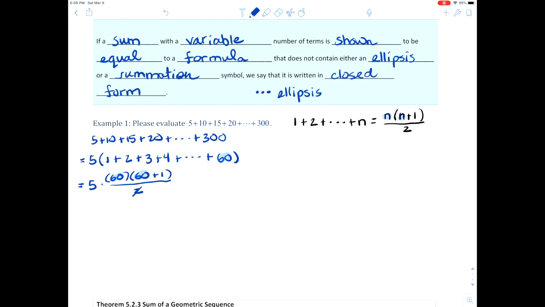All right, well, 2 divides this factor of 60, so we'll end up with 5 times 30 times 61, which will give us 5 times, what, 183?